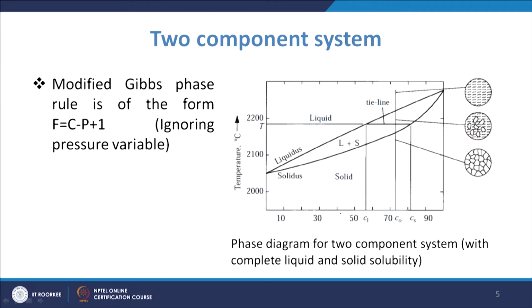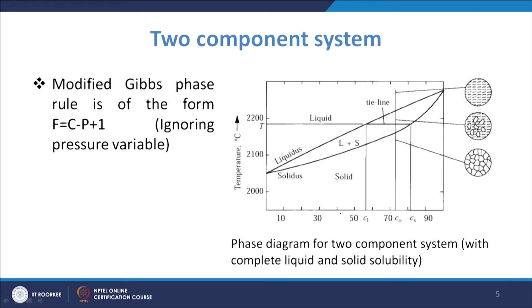Now, if you come to a two component system, in this case you will have three variables to be looked into simultaneously. One is temperature, another is pressure, and the third is composition. That can be seen only on a 3-dimensional graph.